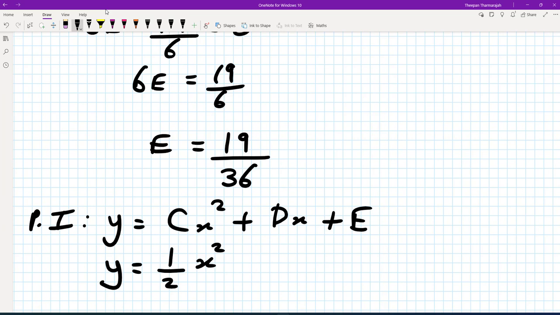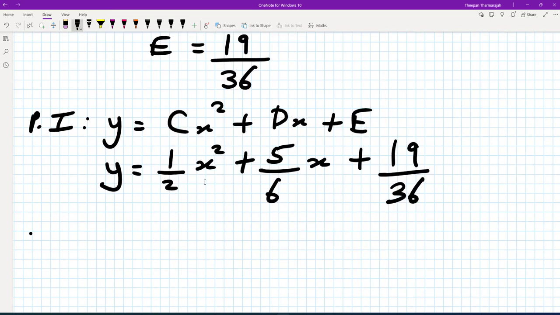So y equals a half x squared, then we know that b is 5 over 6, so it's plus 5 over 6 times x, and we just worked out e to be 19 over 36. The overall function is y equals CF plus PI.